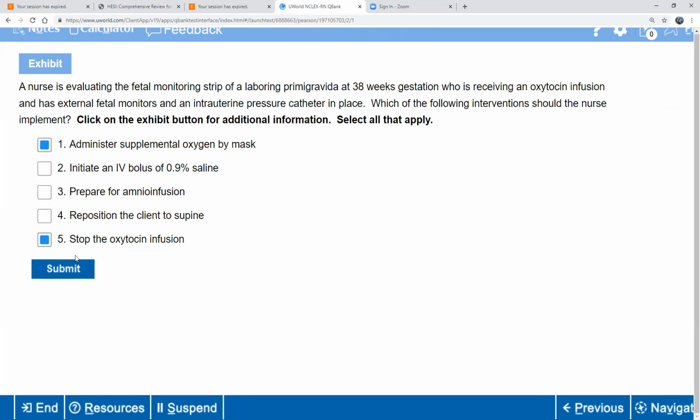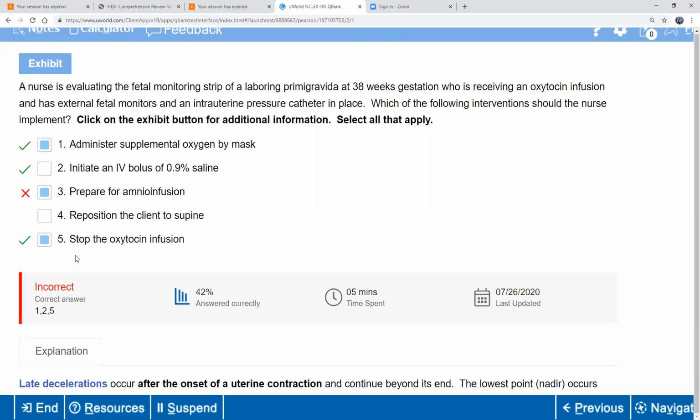I'm not sure that we would do that. Yeah, I don't know what the rationale would be for that. Because there's not a blood pressure issue. Yeah, we're lowering fluids. Okay, 1, 3, and 5. And 3? You think it's 3?